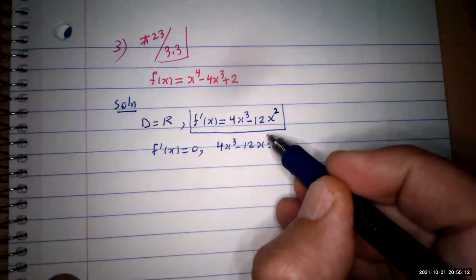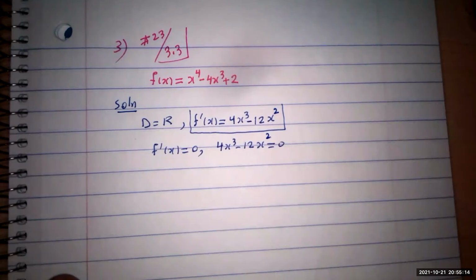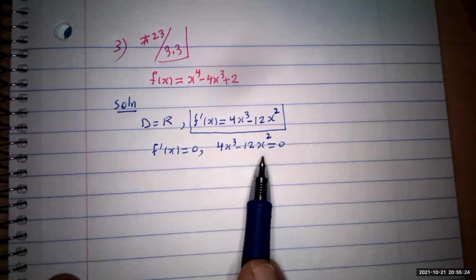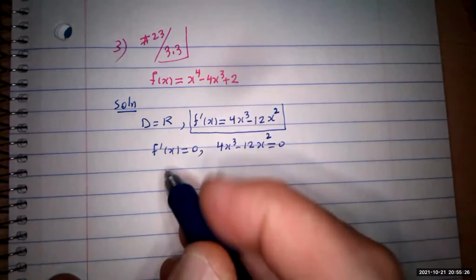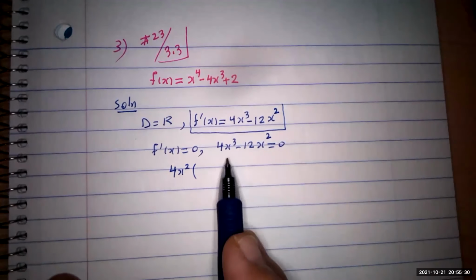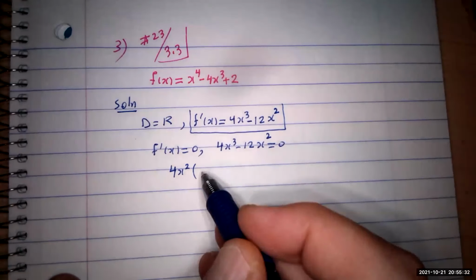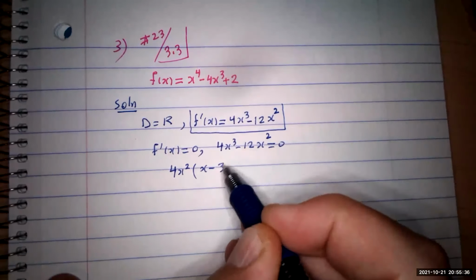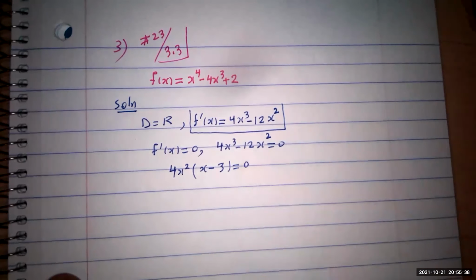So that would be x squared, and to get these numbers, it's easier now to handle it. Yes, thank you, Parker. So we factor out the common factor, 4x squared. The leftover is x minus 3, equal to 0.